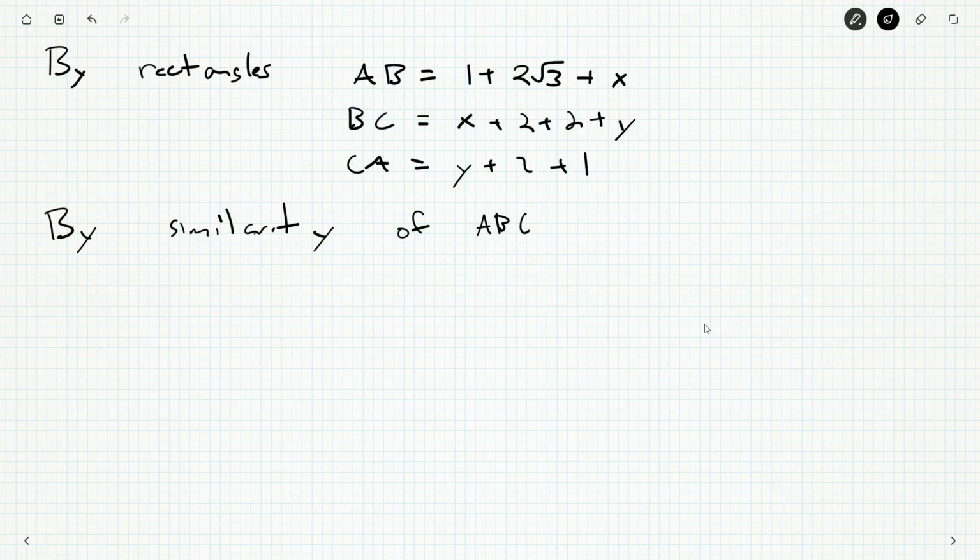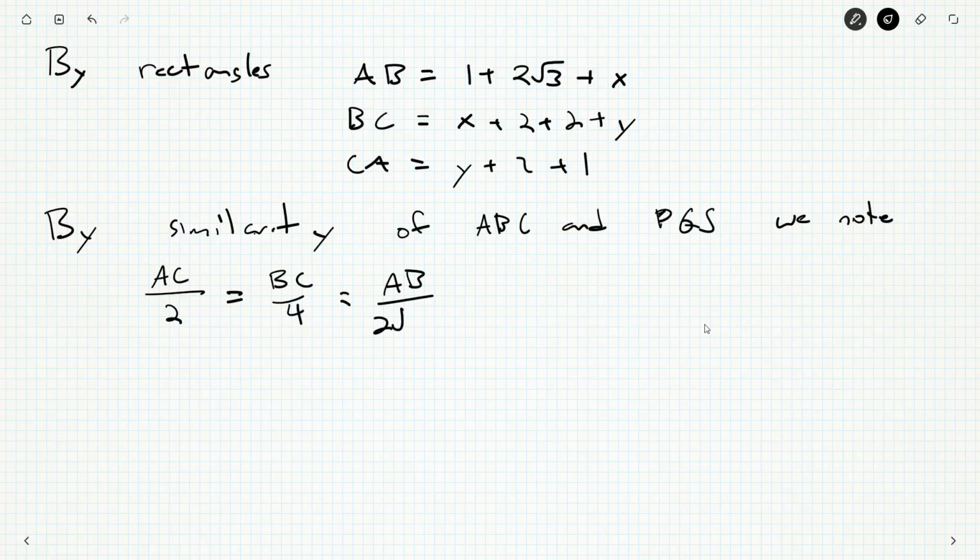by similarity of ABC and PQS, we note that AC over 2 has got to be the same thing as BC over 4. And this is also technically AB over 2 root 3, although I don't think I need that one particularly.